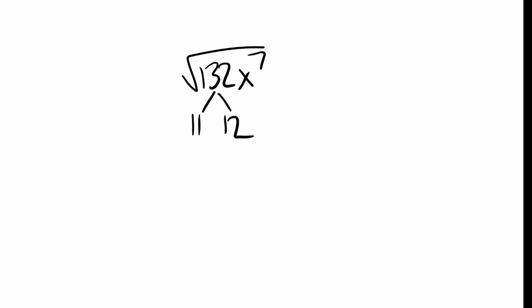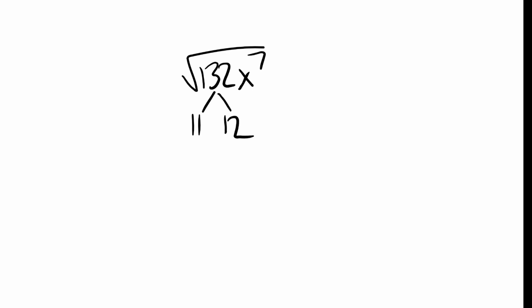Let's look at another type of question. What do I want to do? Let's do the square root of 132 times x to the 7th. So this one, I didn't put multiplication in, so it's a little easier than the last one. What goes into 132? 11 and 12 go in.